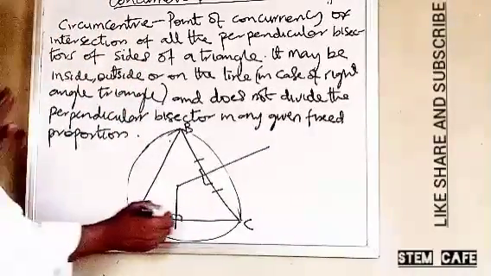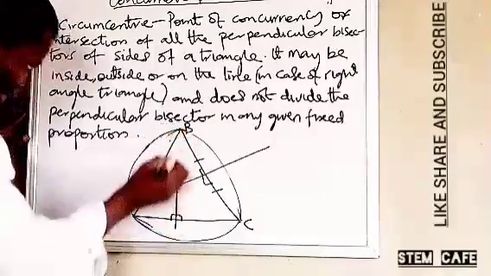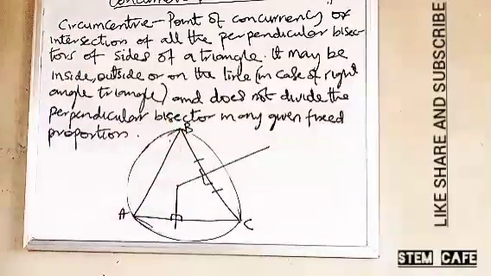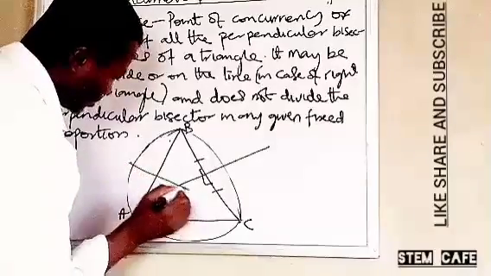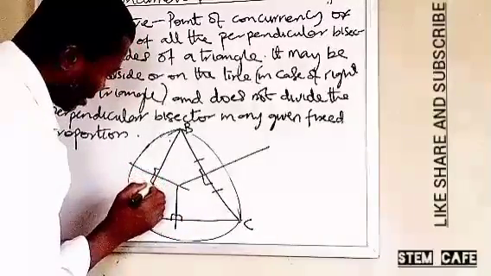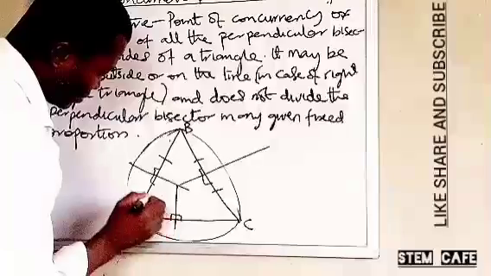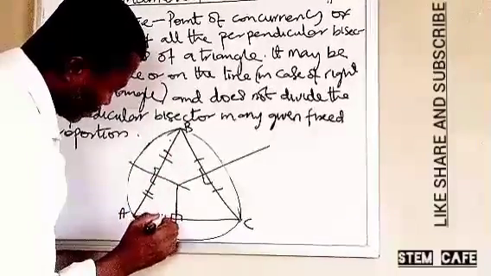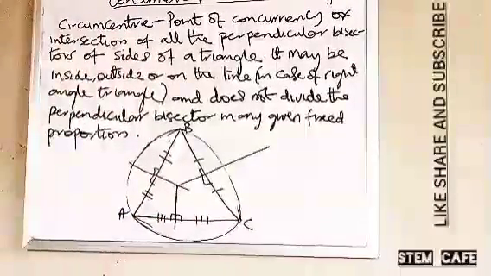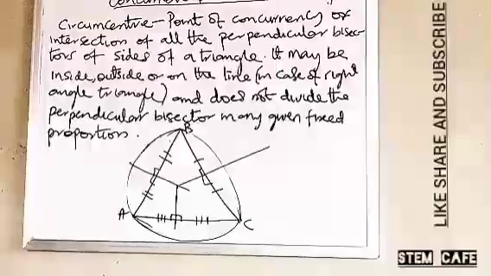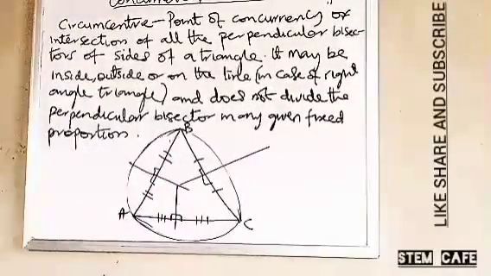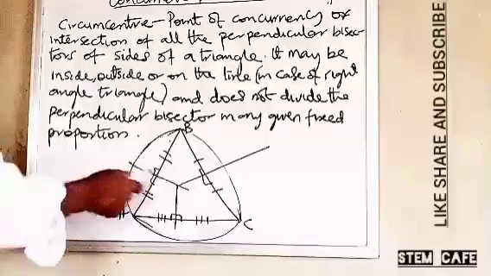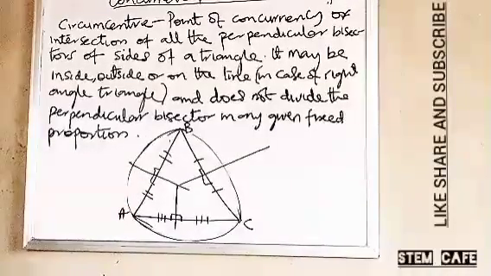But the other one, it just divides it and touches the apex. So there is no formula or ratio, this to this. So that's how we get the circumcenter.